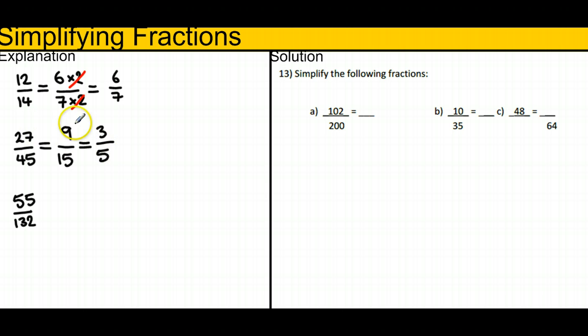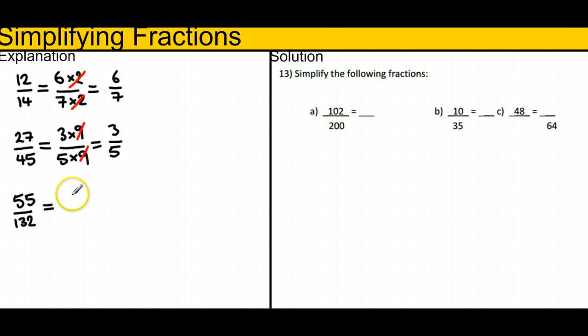So you can divide by 3 and then divide by 3 again. Hopefully though, when you get more practiced, you'll get to a point that you realise that, well, 9 goes into both of those. So 9 goes into 27 3 times, and 9 goes into 45 5 times. So if you can start to locate the highest common factor in both, it does mean you can start to be a bit more efficient with these questions.